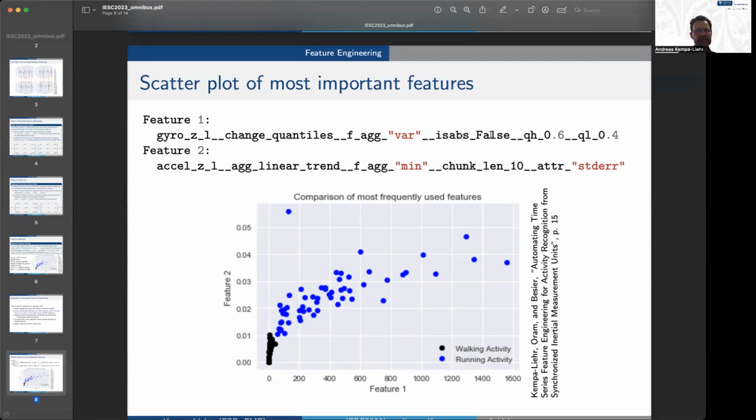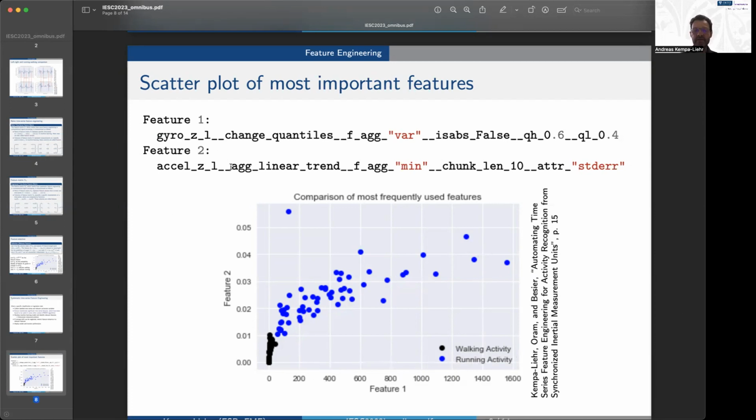We restrict, basically making a conditional forecast of what's likely to happen next. And we are expecting that the changes are larger if we are running. This is why for feature 1 the running activity is more on the right-hand side of the scatter plot.